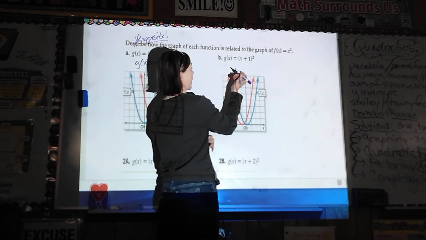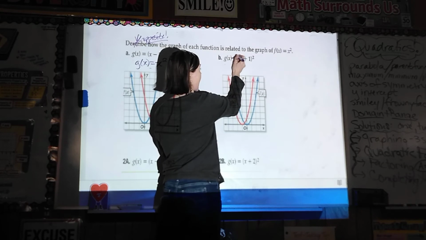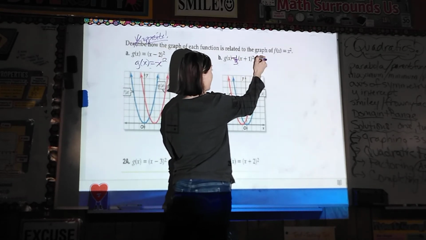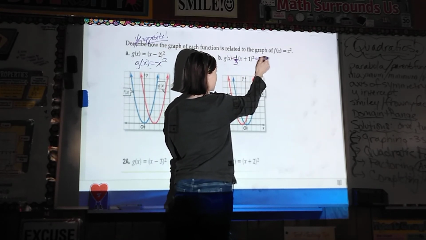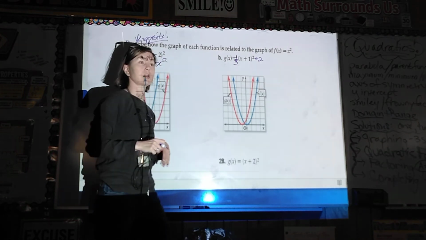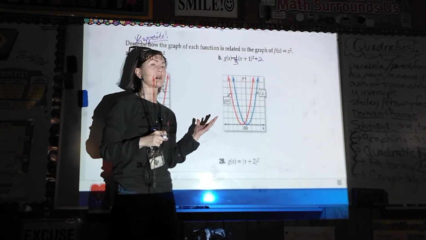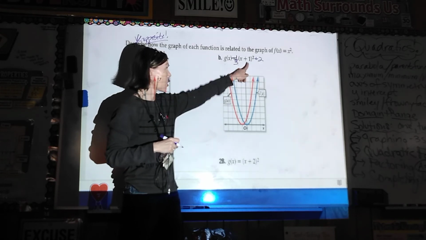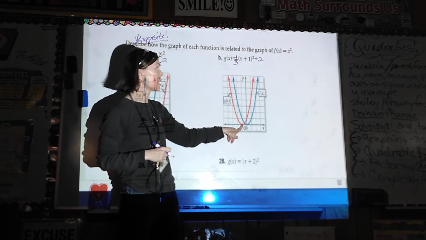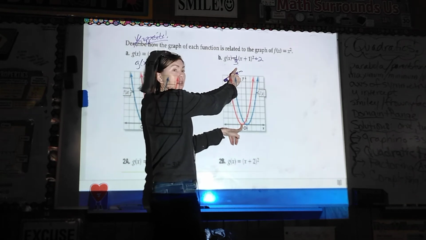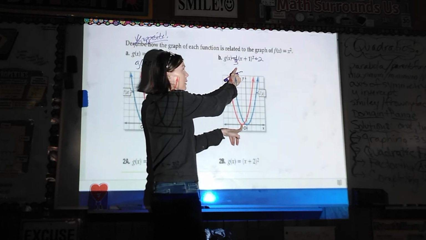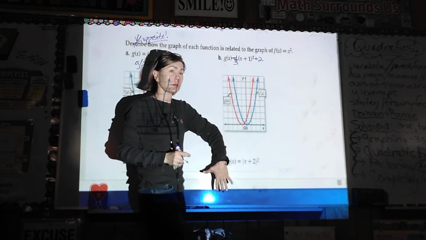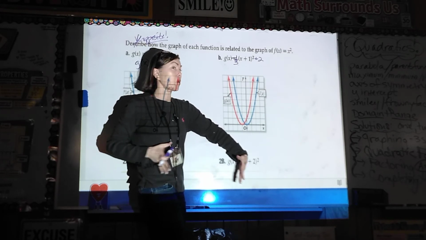So what if I said negative 1/3 plus 2? Oh my goodness. What if we did all of that? Which is what you're going to get, right? So we had to move it 1 space to the left. What would this negative 1/3 do to it? It would flip it down and make it wider.